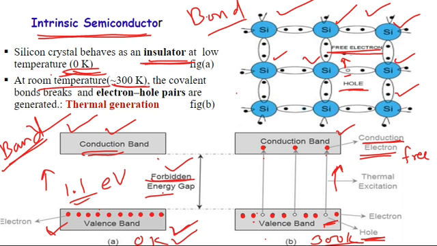So here you can see a free electron and a hole are generated, or we can say an electron hole pair is generated. Electron hole pairs are generated when we give thermal energy to an intrinsic semiconductor.